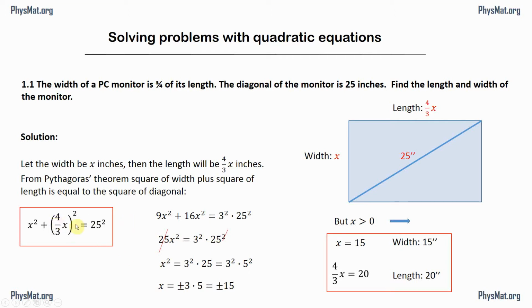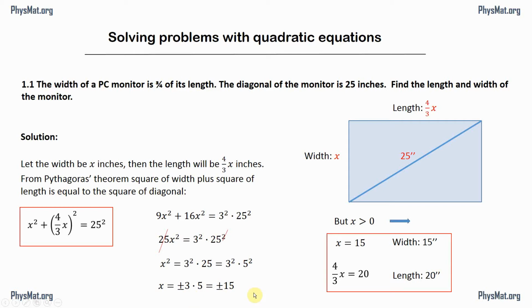From here we can easily obtain, by multiplying both parts of the equation by 9, that 9x squared plus 16x squared is equal to 3 squared times 25 squared, or 25x squared is equal to 3 squared times 25 squared. We divide by 25, and therefore x squared will be equal to 3 squared times 5 squared, or in other words, x will be plus or minus 3 times 5, which is 15.